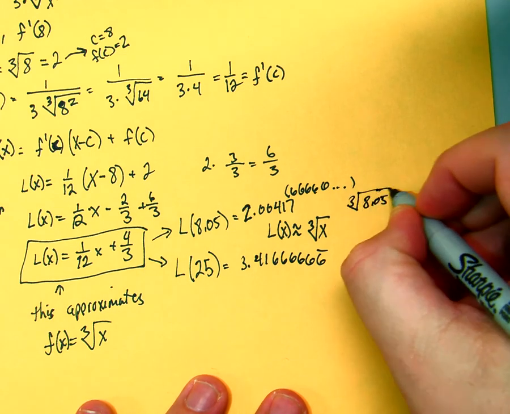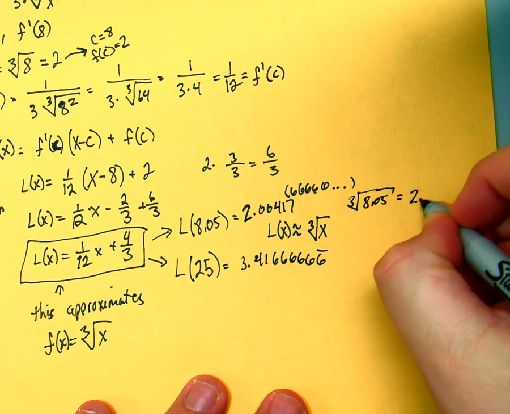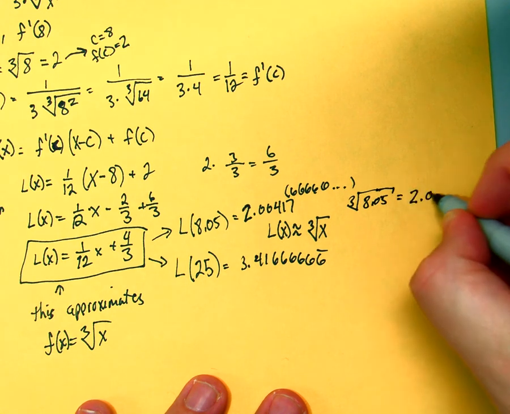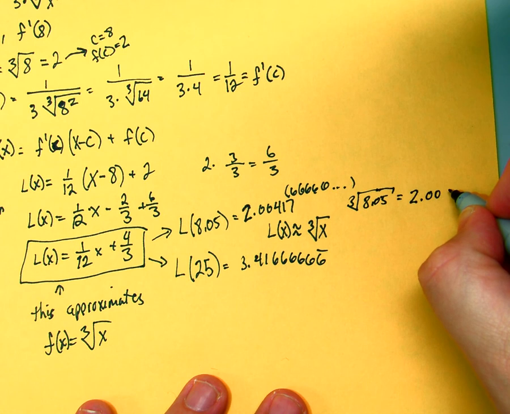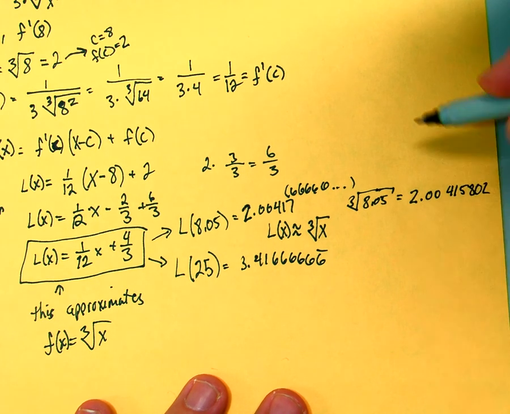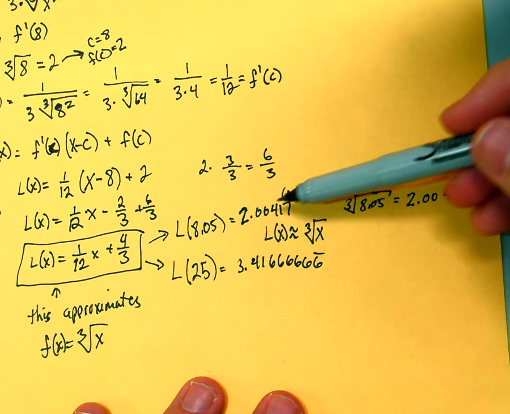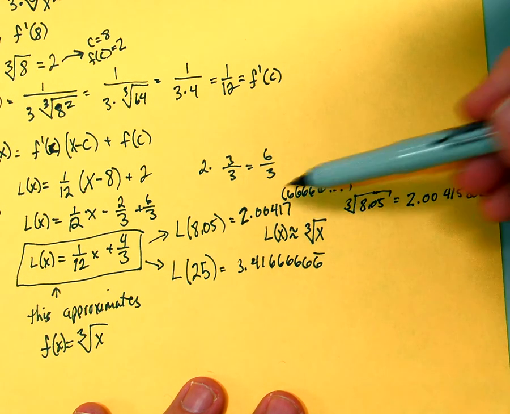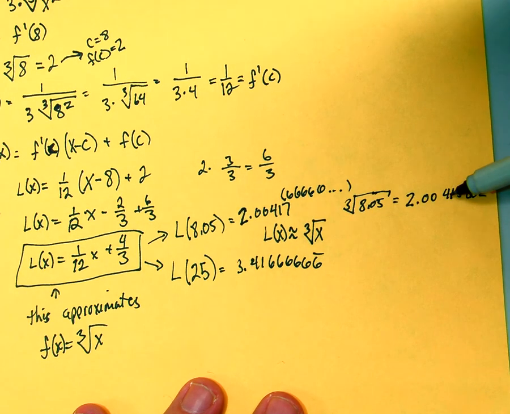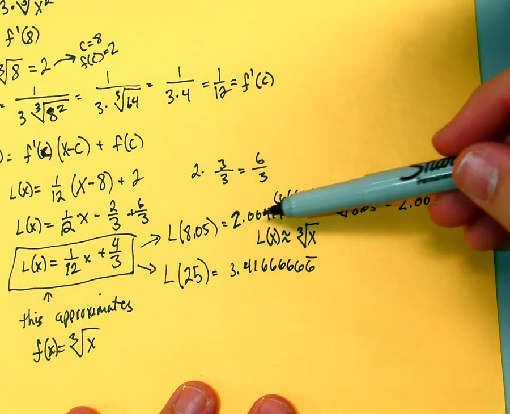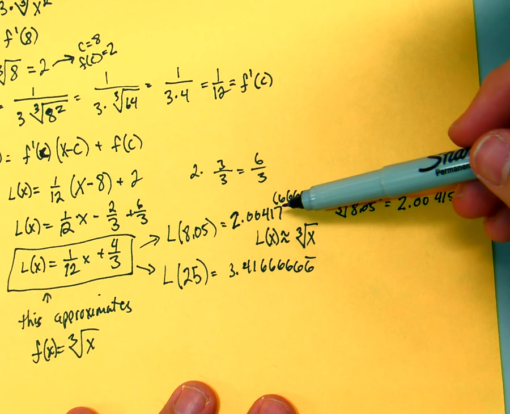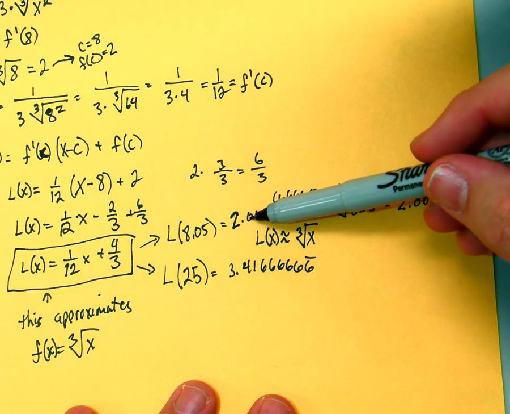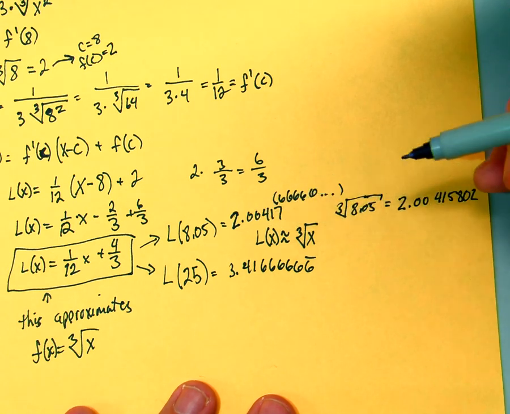Isn't it 2.00415802? So basically, it was 2.00416, and we got 417. That's pretty close, isn't it? Because you're going 1, 2, 3, 4, 5 decimal places. So that's a minuscule amount of difference there.